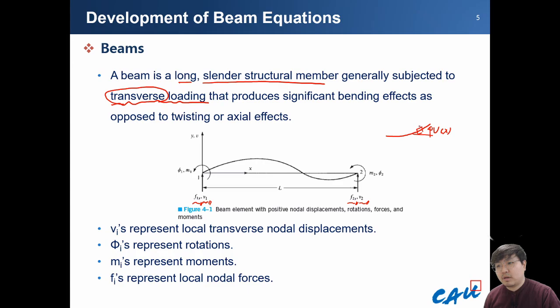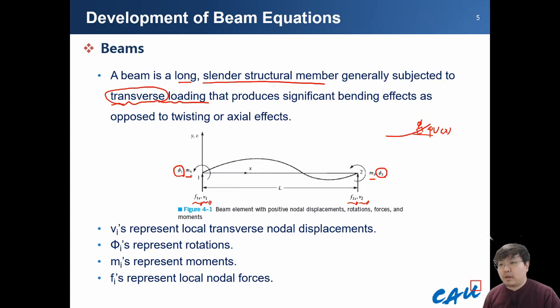However, in the infinitesimal element, that deformation can be considered as some rotational movement, so we only consider the rotational movement. Due to that rotation, there is some resistance. We can call it the moment.